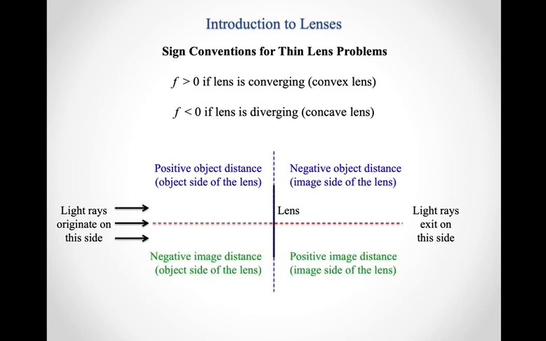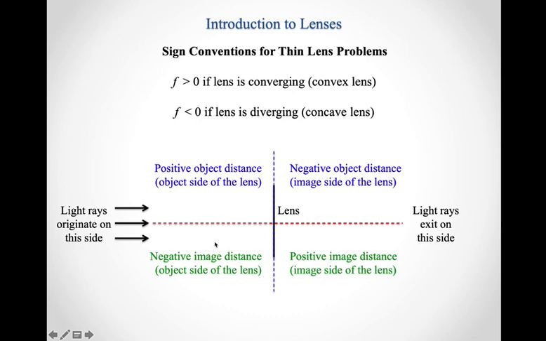But of course, for the image, it works just the opposite. So if the side over here where the light originates is the object side of the lens, the side over here where the light exits is the image side of the lens, and so images over here to the right of our lens, so on the side where the light rays go out, they'll have positive image distances because they sit on what we think of as the image side.